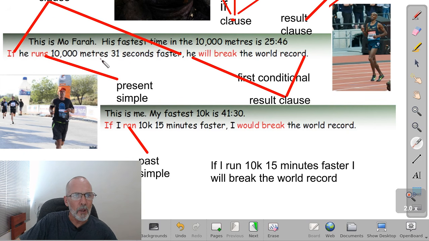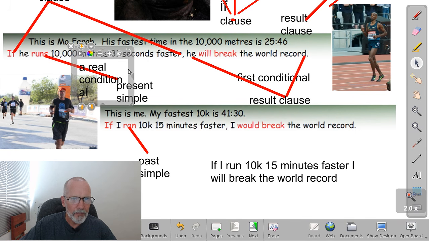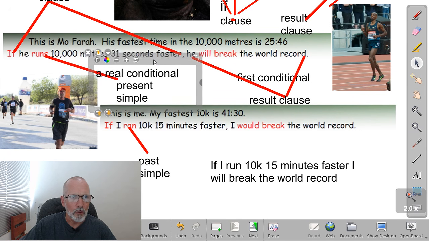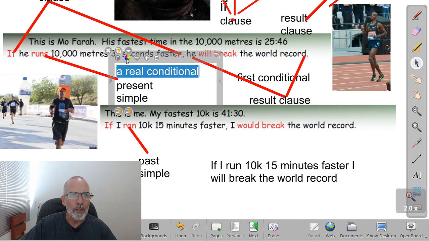And this one here, the first conditional, is a real conditional, not a Greek conditional, a real conditional. This one about Mo Farah is a real conditional. What do I mean by a real conditional? I mean it's a real possibility.